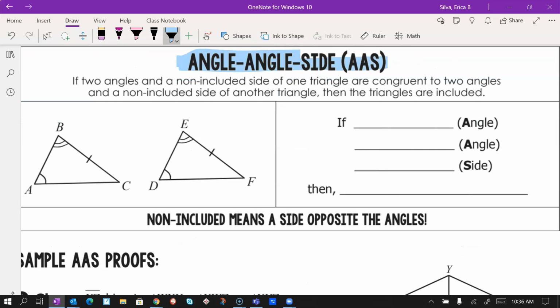On this one, if we have two angles and a non-included side, meaning that side is not in between the two angles, of one triangle congruent to the two angles and the non-included side of another triangle, then the triangles are congruent. So go ahead and mark that down. Those of you that have the paper, take off "are included" and put "congruent." It was a typo.